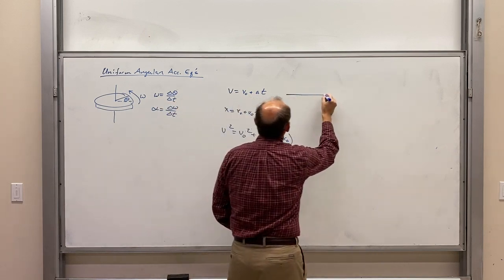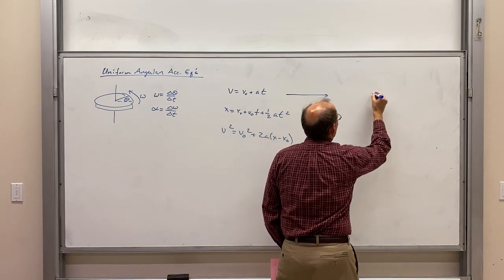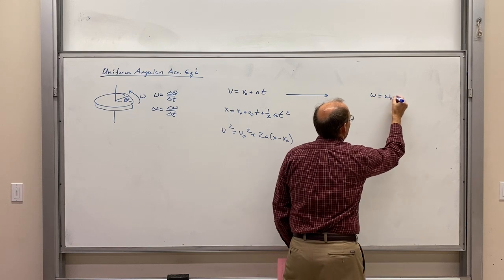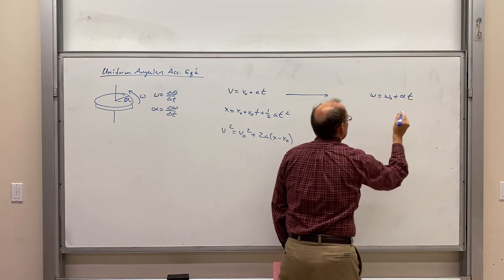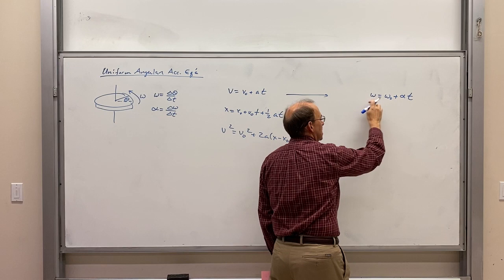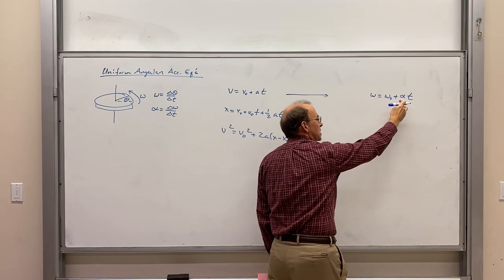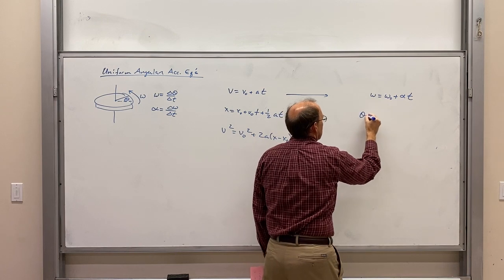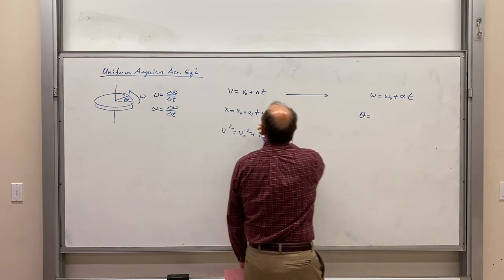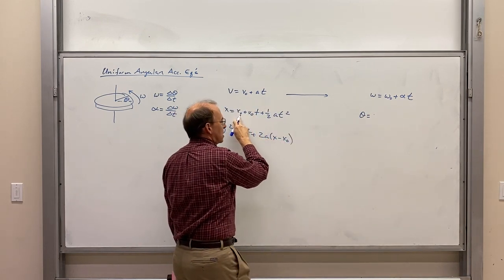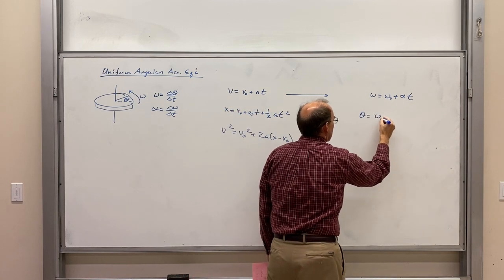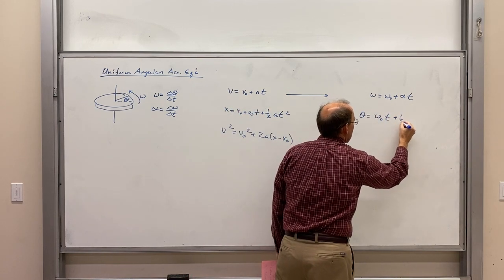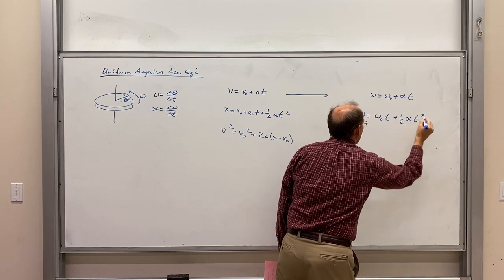So whereas we had this equation before, we've now got omega is omega naught plus alpha t. This is how fast it's spinning, and that's how fast it speeds up or slows down its spin. Theta naught is almost always zero, so I'm just going to leave it out. So theta is omega naught t plus 1/2 alpha t squared.